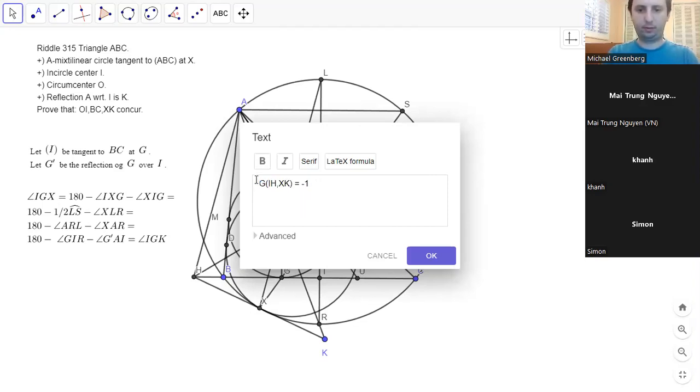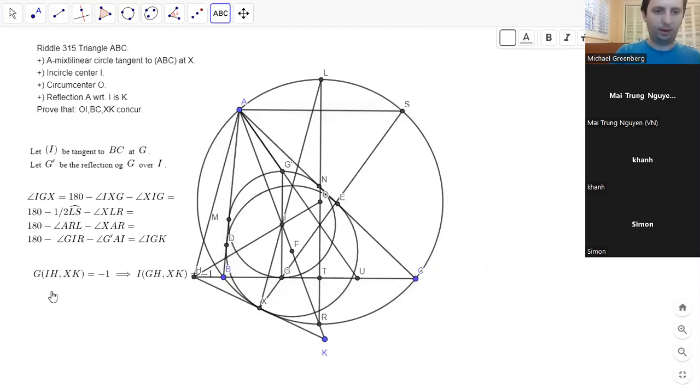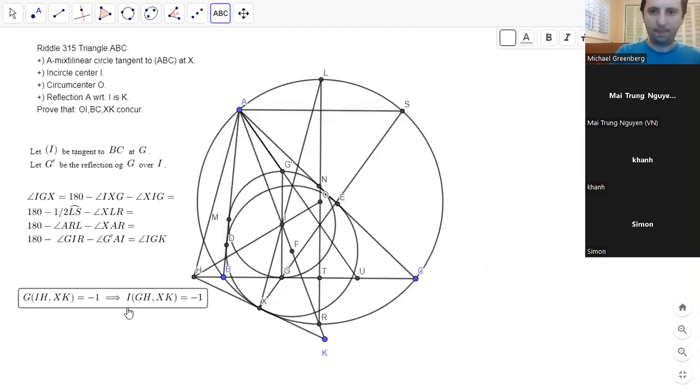So we have this is equal to -1. And that means that GHXK is -1. And oh, we know this, but we have to prove this. So wait, we know this is true because, yeah, you project through I.